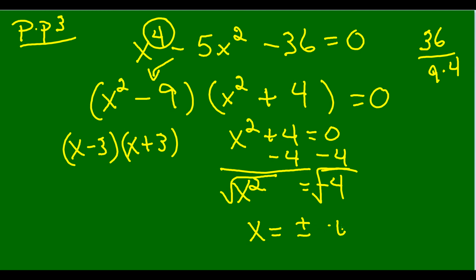I'll put it over here because I see what's coming. And then the square root of 4 is 2. So I got x equals plus or minus 2i. And that gives me 2 answers. Here's the third answer, and here's the fourth answer. And that's what I've got.